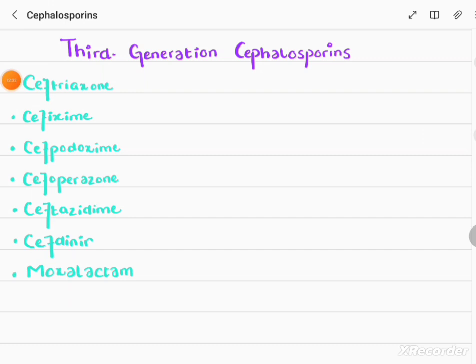In third generation cephalosporins, we have 7 drugs, and among all these drugs, apart from cefoperazone, all the other cephalosporins achieve good levels in the central nervous system as well. Now we'll start with the dosing of these drugs.